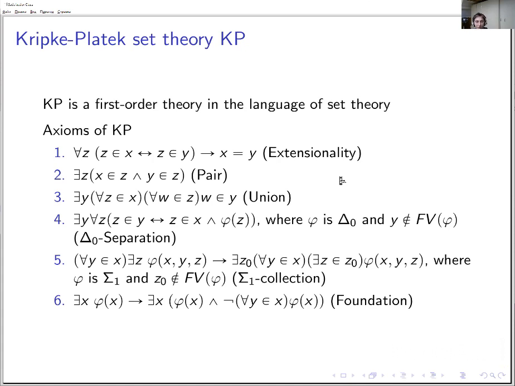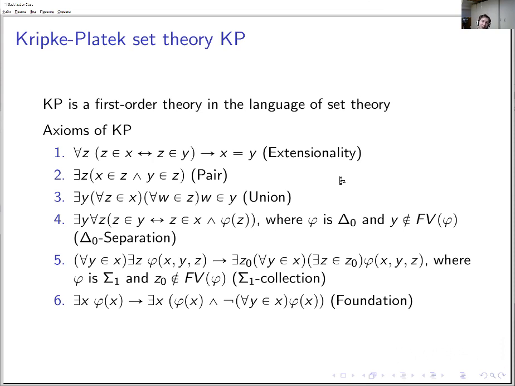What is important, we have the axiom of delta zero separation. This is different from Zermelo-Fraenkel theory, where you have an unrestricted scheme of separation. Here, separation is restricted just to delta zero formulas. It's very natural, because any delta zero predicate will be computable under our idea of what our notion of computation should be.